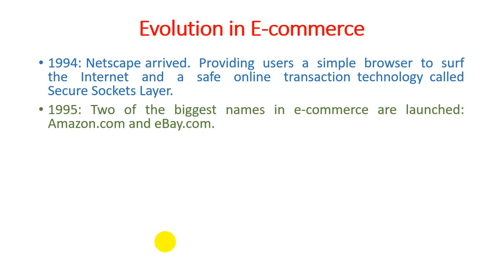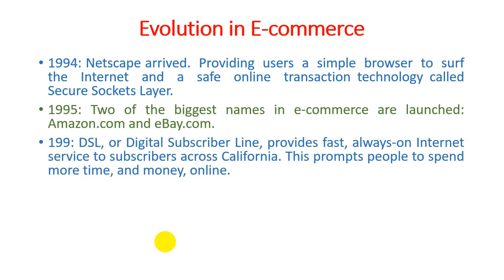In 1995, two of the biggest names in e-commerce were launched, Amazon.com and eBay.com, and we know where Amazon stands currently. In 1999, DSL, the digital subscriber line, provided fast, always-on internet service to subscribers across California.